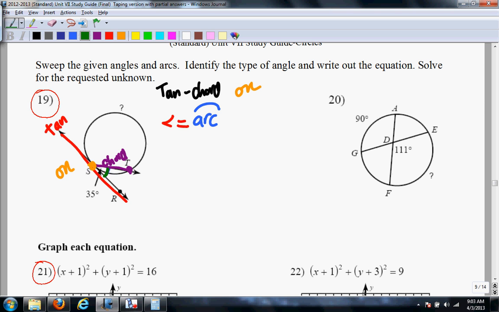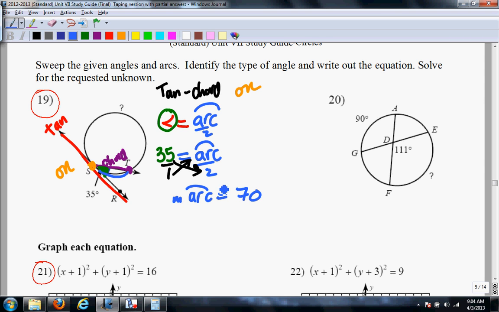So I come around here, and we are told that we have the angle. The angle is 35. Circle it. 35 degrees. We don't know this arc, the blue one. So first we're going to find that blue arc. It's arc over 2. So I simply put this over 1, cross multiply, and I find that the measure of that blue arc is 70 degrees.